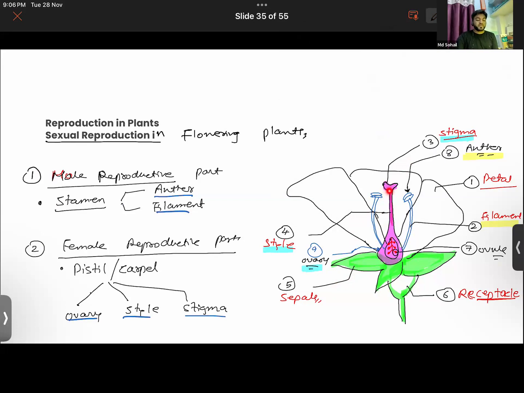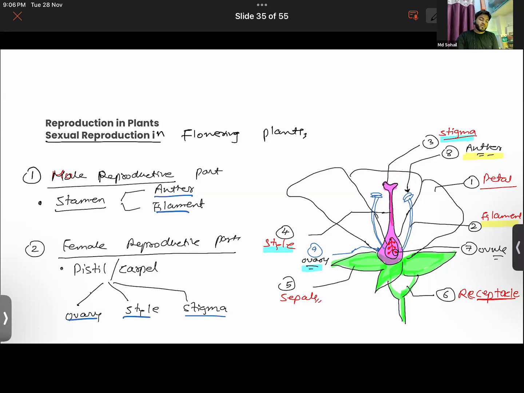The stigma is the stickiest part of the pistil, because when the pollen grains come out of the anther, they stick onto this stigma and get attached to it, right?